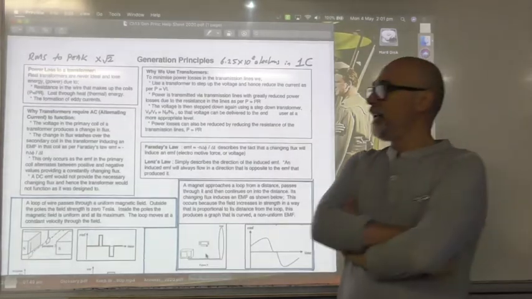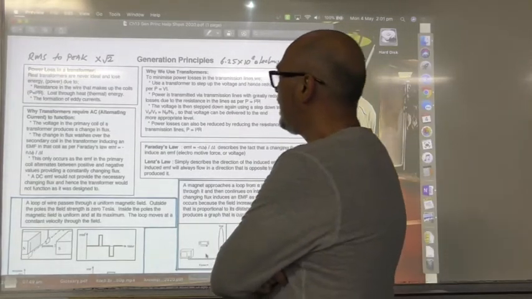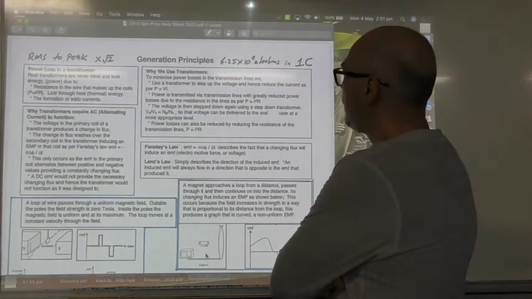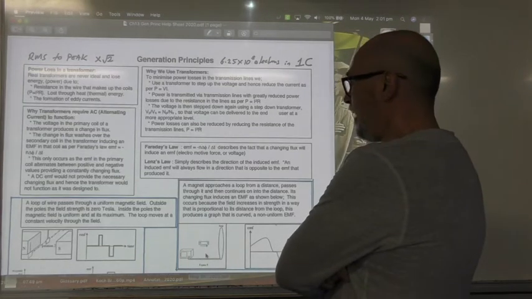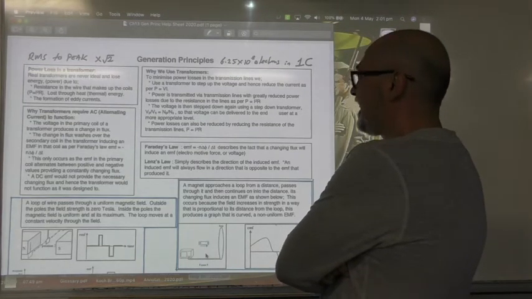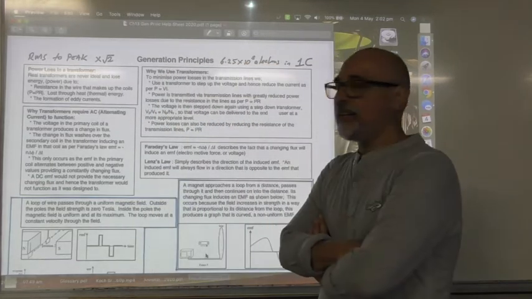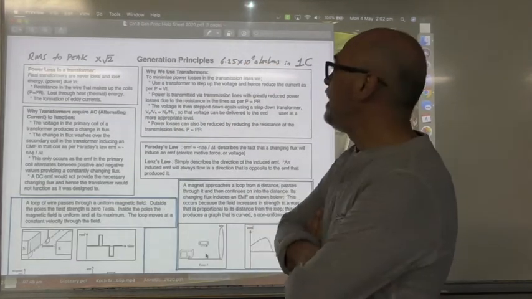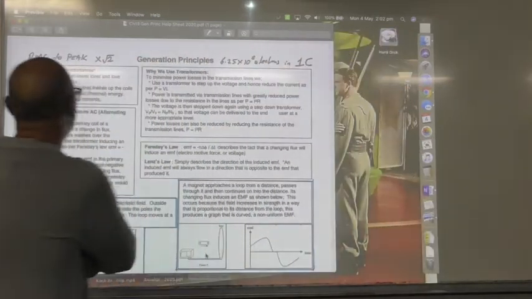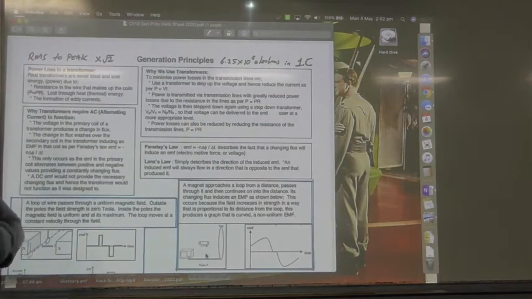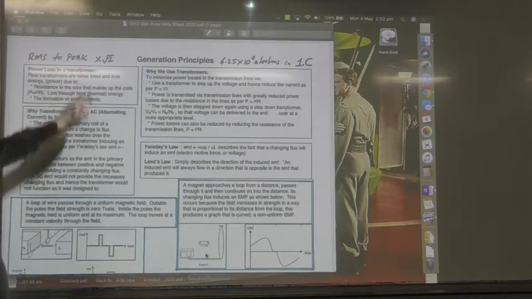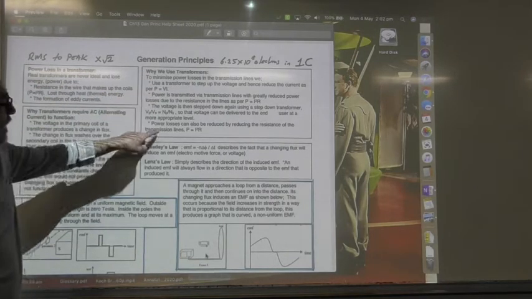What you're going to find is that this help sheet with Generation Principles is a mashup of both chapters 13 and 14. So you can see here there is a reference to power loss in transformer, why we use transformers.